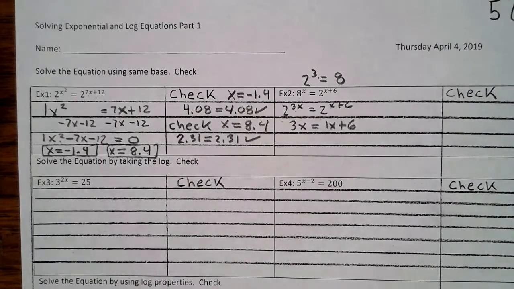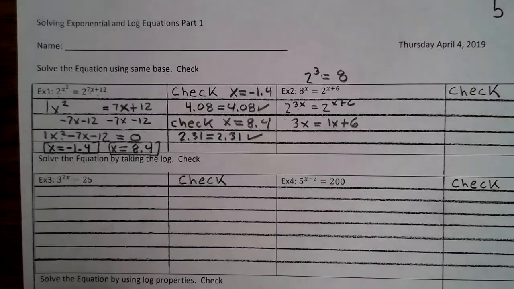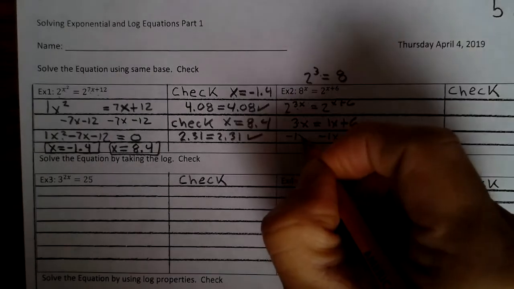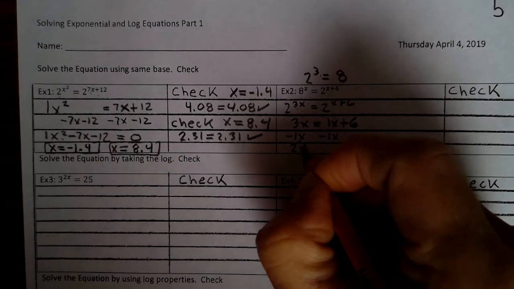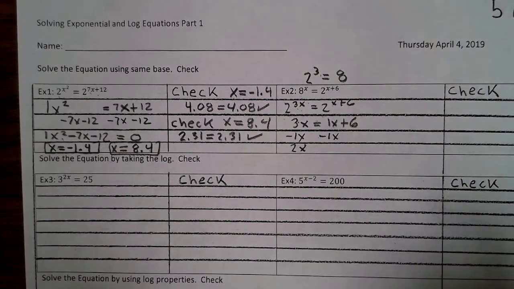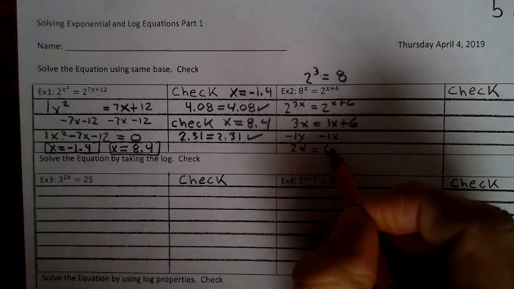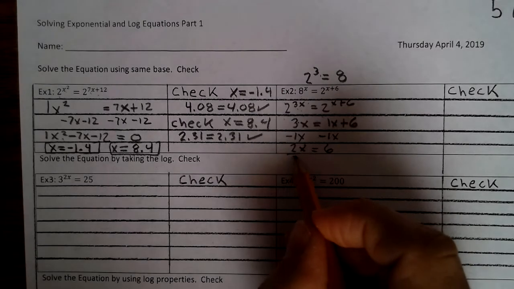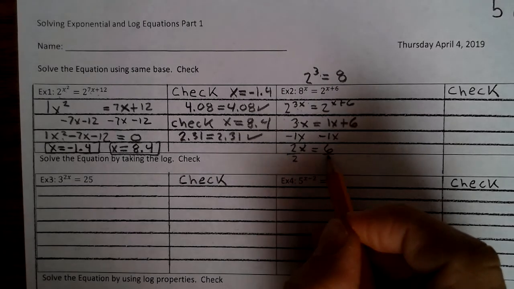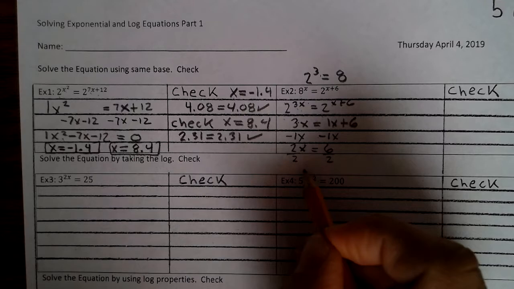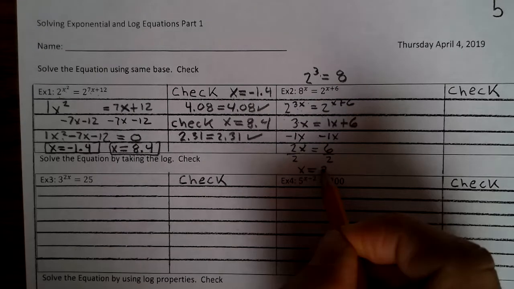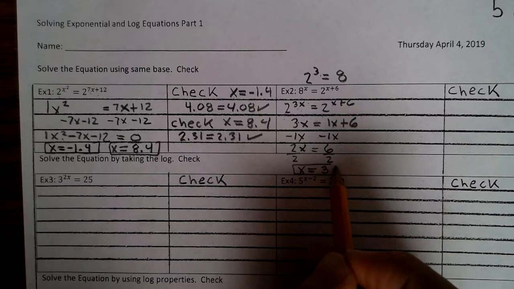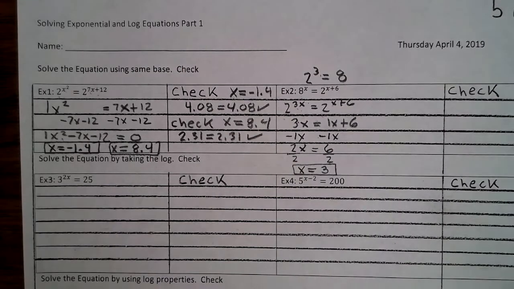We're going to solve for x, so we're going to subtract 1x from both sides. So we get 2x equals 6. We're going to divide both sides by 2. So x equals 3. Okay, so now let's check x equals 3.